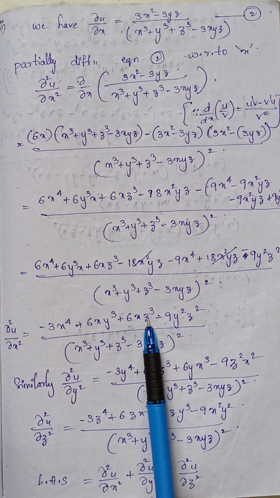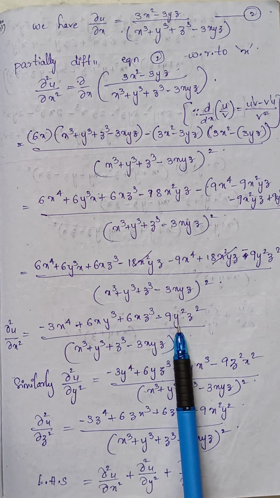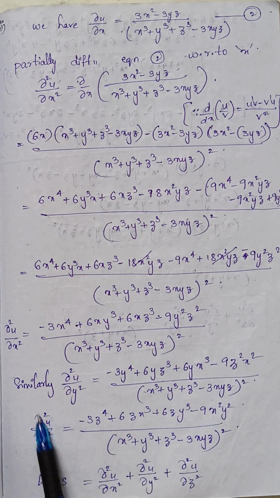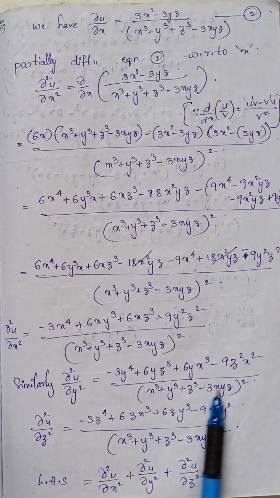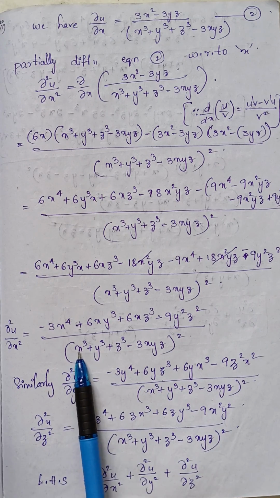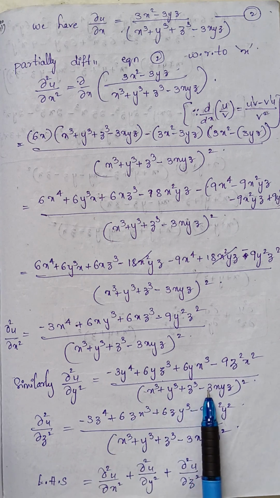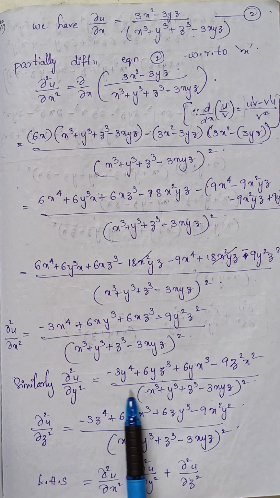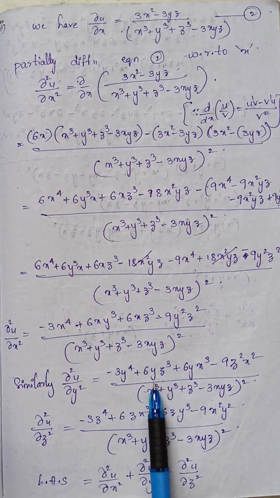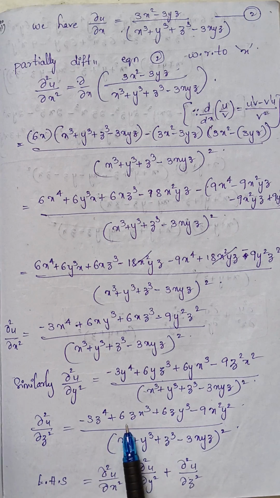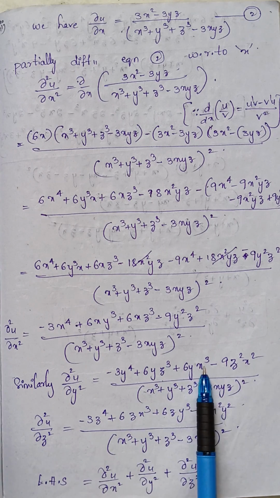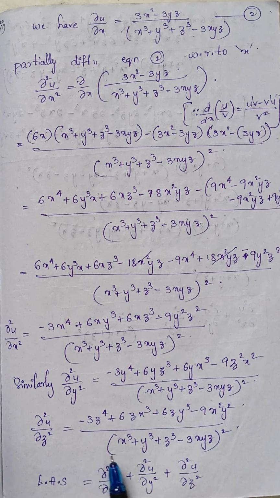Here y, here z means x. Here y for z, z means x. Like this in the denominator also we can do. Then what will happen? Y cube plus z cube plus x cube is nothing but x cube plus y cube plus z cube minus 3xyz whole square. Similarly for z also, instead of y you keep z. Like this we can replace y by z, z by x, x by y. Like this we can get these values.